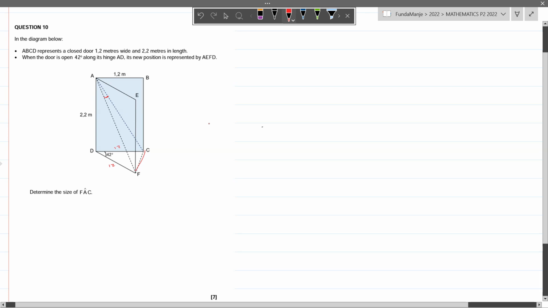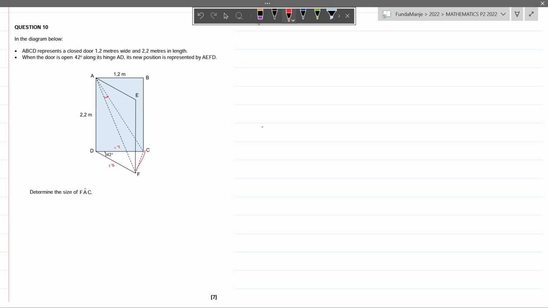And our first step is, we can say that in triangle DCF, we have that DC is equal to DF, which is equal to 1.2 meters.